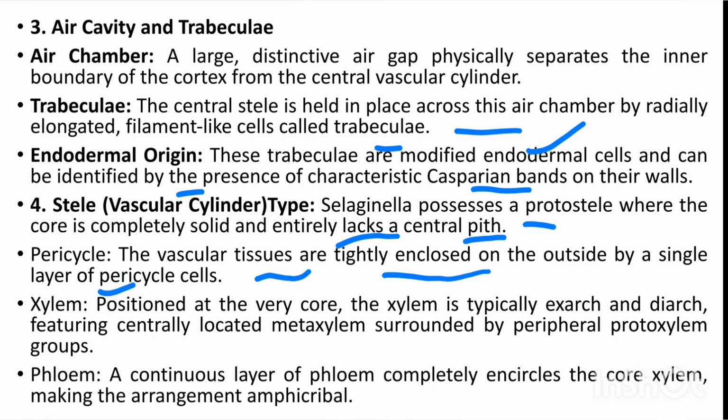Then xylem, positioned at the very core, is typically exarch and diarch. Exarch means protoxylem is placed towards the outside and metaxylem towards the inner side, and diarch means typically two vascular bundles are there. Then phloem, a continuous layer, completely encircles the core xylem, making the arrangement amphicribal. So this type of arrangement is called amphicribal arrangement.